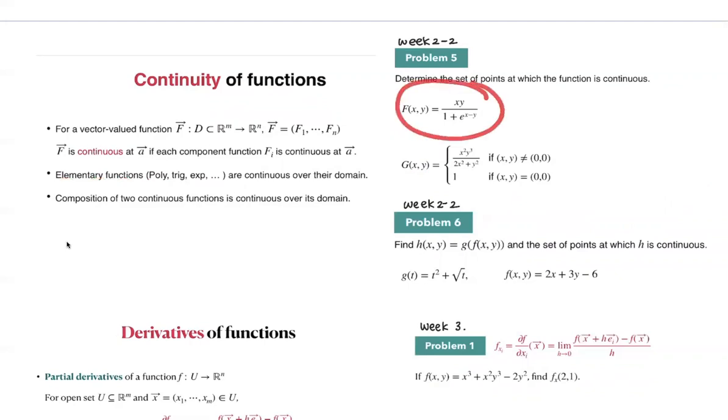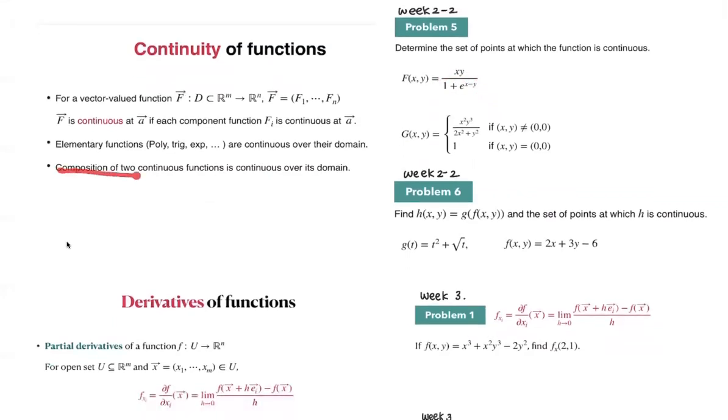So if a function is given by like this, then we need to check whether this denominator can be 0. So we want to find the discontinuity point by solving the equation like that. This is equal to 0, like that. And also, a composition of continuous functions is continuous over its domain.